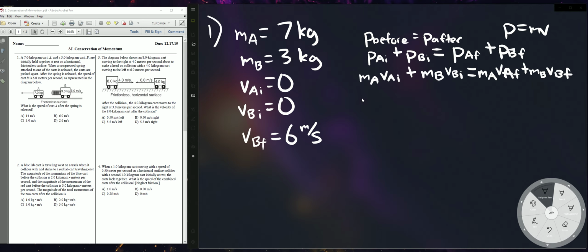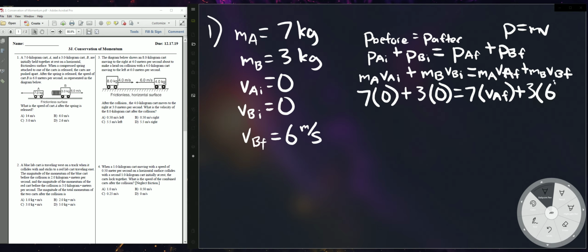Alright, so mass A is 7, and that's going to be 0, plus 3 times 0, equals 7 times VAF. We don't know what the final velocity of A is because that's what we want to solve for. And mass of B is 3 times 6 because the final velocity of B is 6.